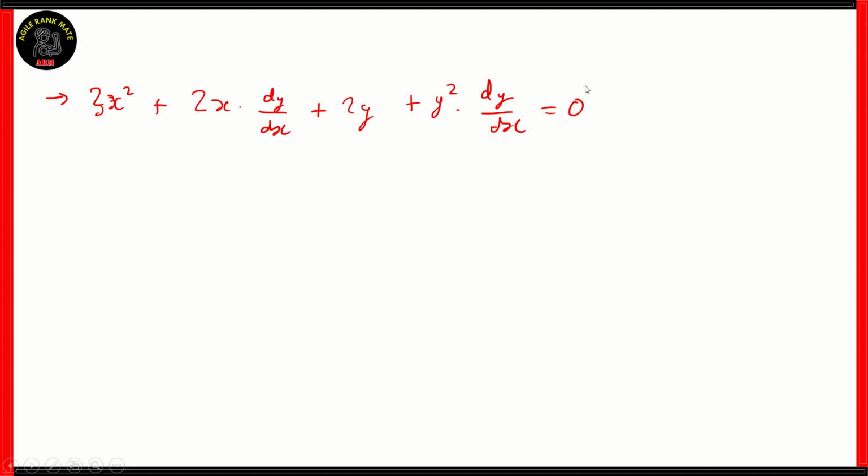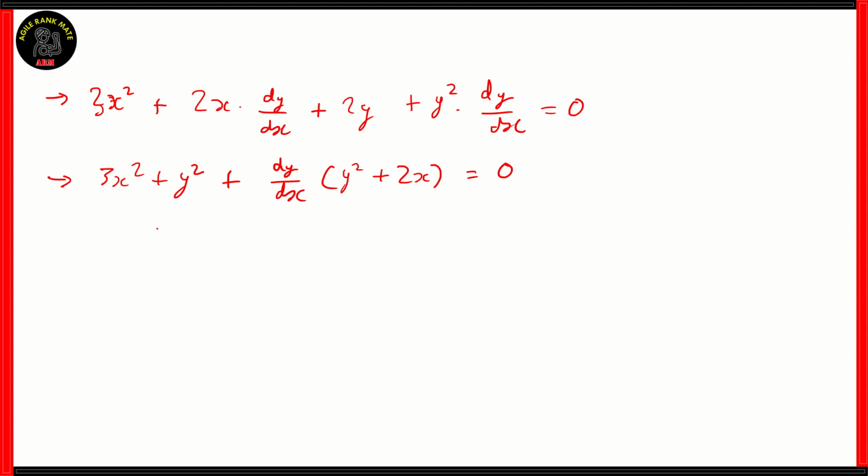Now, since we need to find the value of dy by dx, what we're gonna do is take dy by dx as a common term for 2 of these particular terms. So the left-hand side now becomes 3x squared plus y squared plus dy by dx times y squared plus 2x, which is equal to 0.